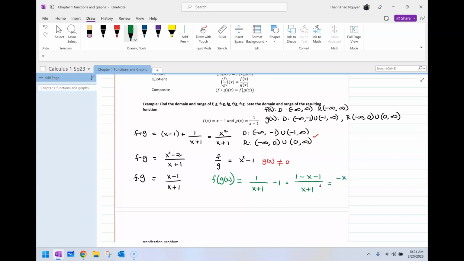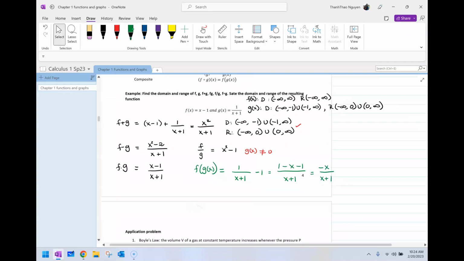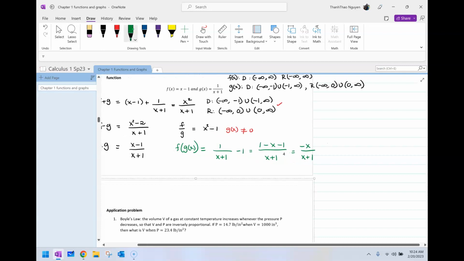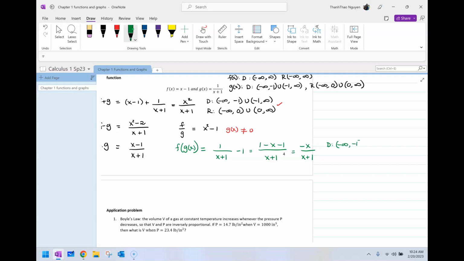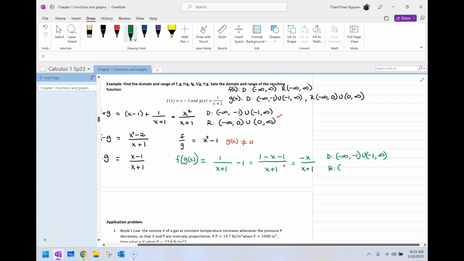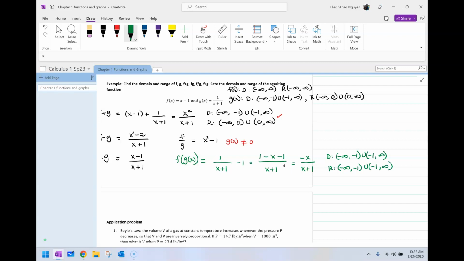That is negative x over x plus 1. The domain is from negative infinity to negative 1, union negative 1 to infinity. The range here is from negative infinity to negative 1, union negative 1 to infinity.